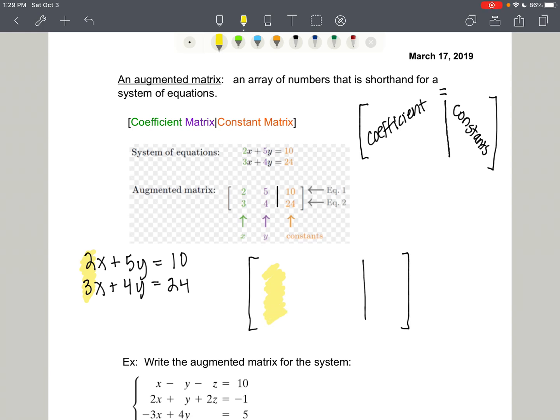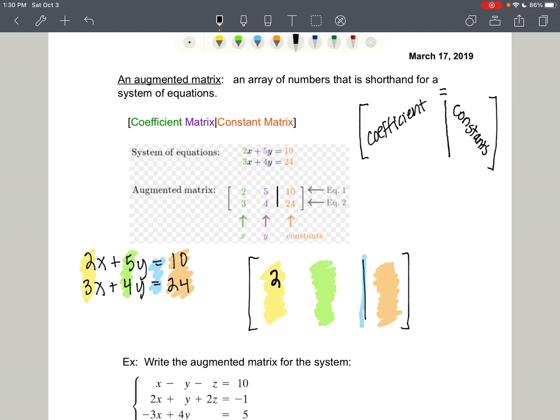They're going to be in the first column. Our y's line up. They will be in the second column. Our equal to signs line up. That's the bar. And then our constants are on the right-hand side of that bar.